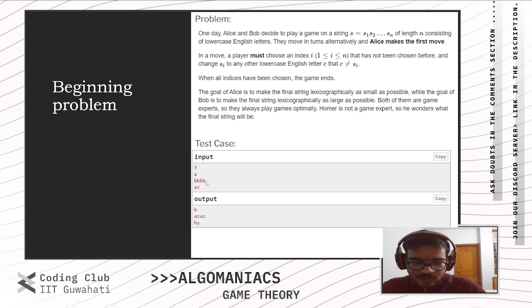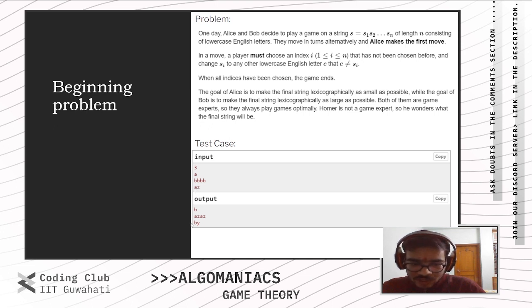Like, if we see the second case, B has been changed to AZ. In this case, we can see that Alice first chose the first index and changed the B into A. Then Bob chose the second index, changed it to Z, and so on. Now, consider the third case where the first character is already A, which favors Alice.